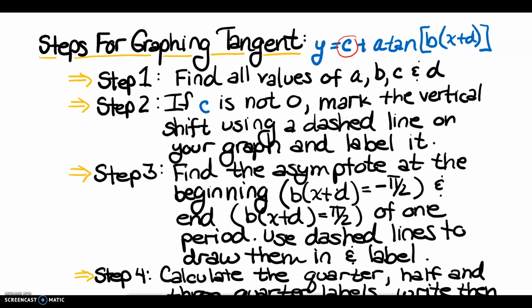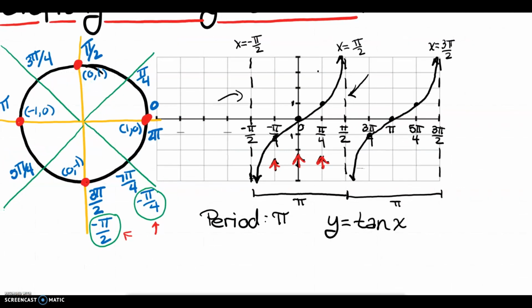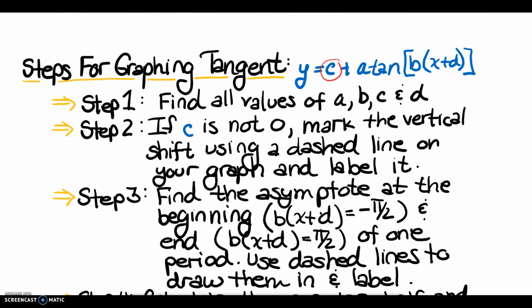Our tangent function, let's go back to what it looks like. Our tangent function does not have an amplitude. An amplitude is defined from a resting position to the maximum or minimum point. Our tangent function has no amplitude, but that doesn't mean we can't stretch the graph. We can still stretch and compress our graph.